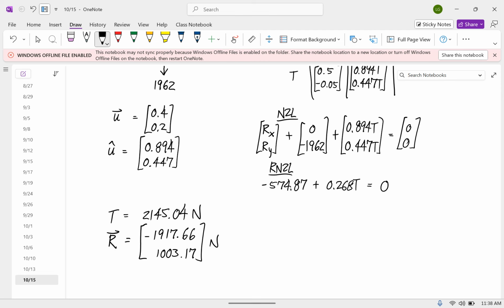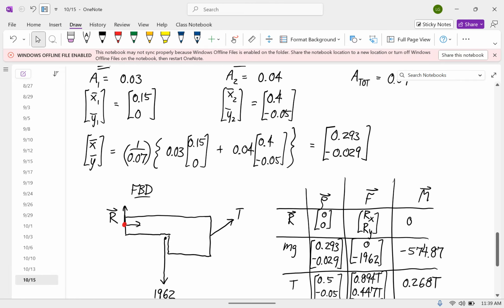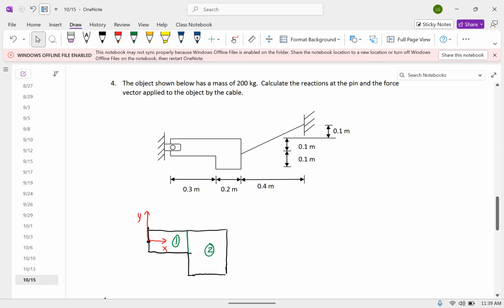You pick your axis right at the pin joint, but how did you know it was 0.05 on the Y? I only know because I'm the one who drew this problem and I was lazy when I drew it.